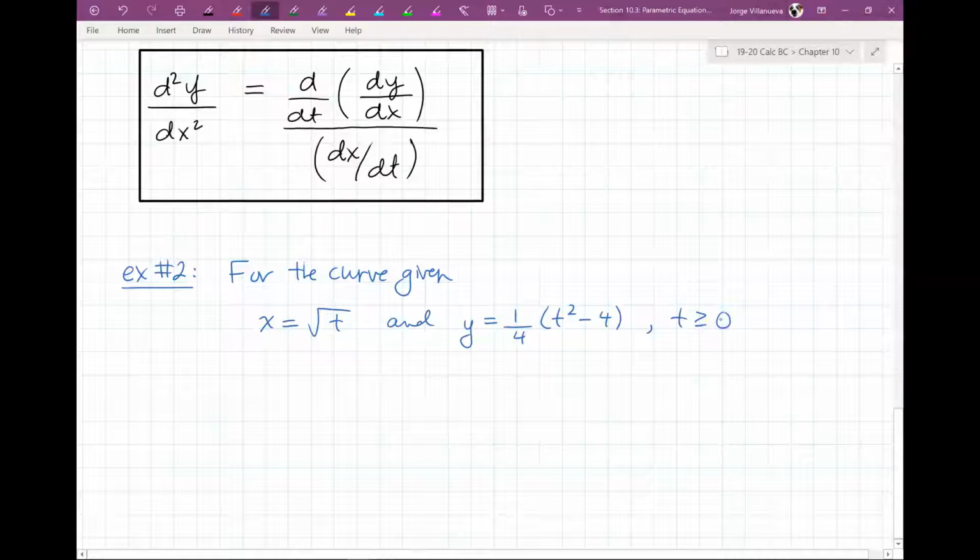Find the slope and concavity at the point (2, 3). So find the slope and concavity, so first and second derivative at (2, 3).